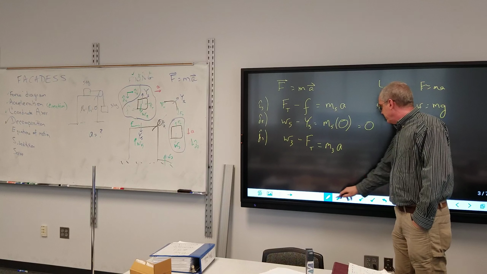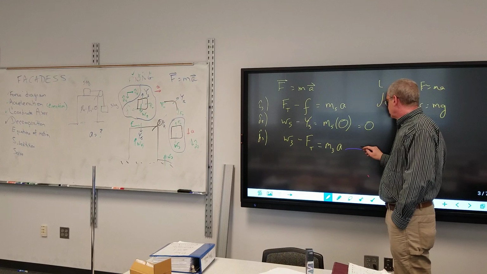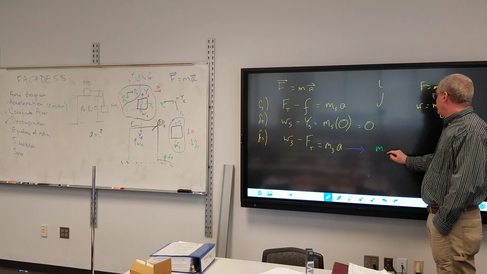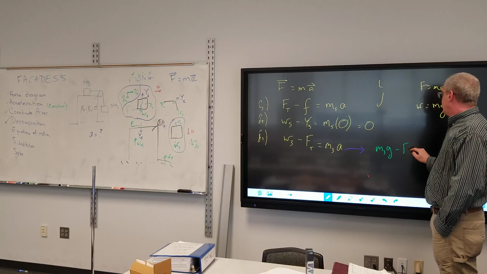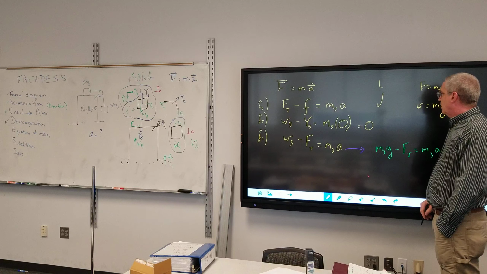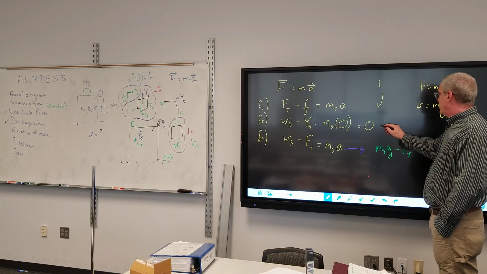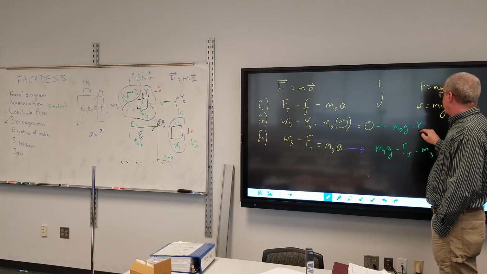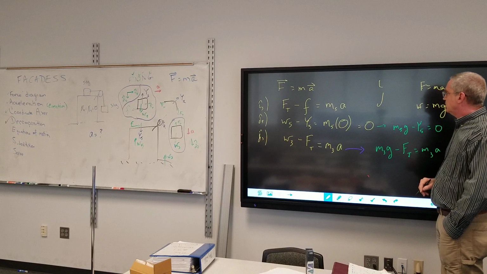This equation becomes M3G minus the tension is equal to M3A. And this equation becomes M5G minus Y5 equals 0.